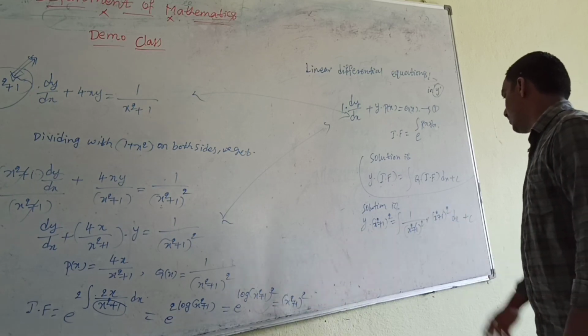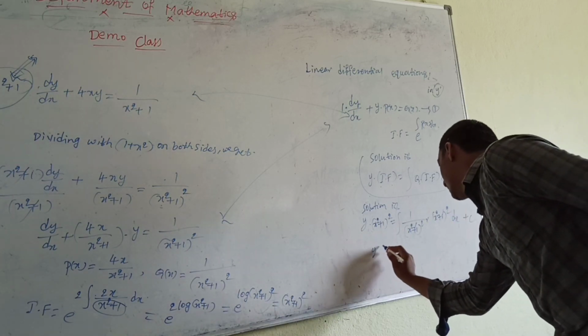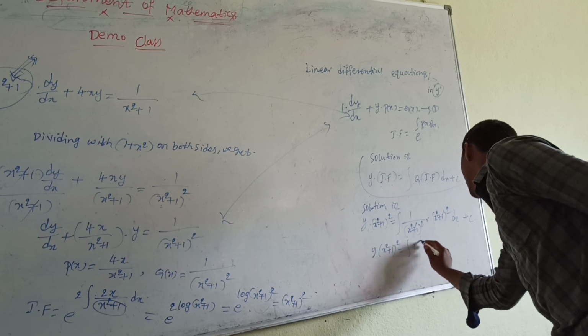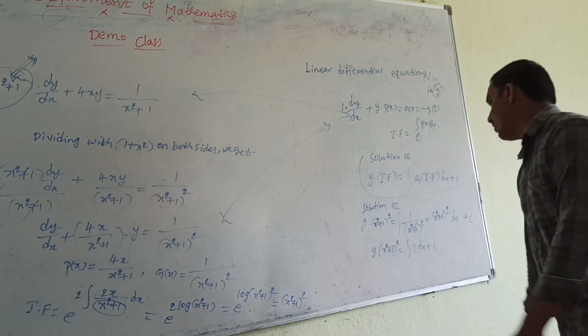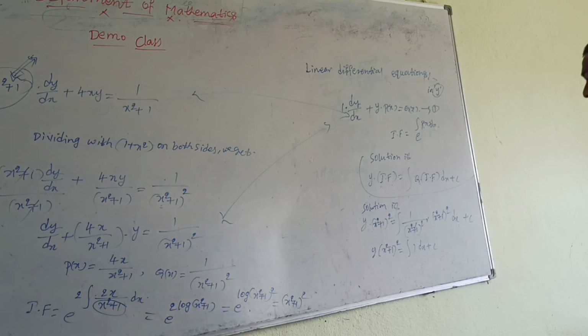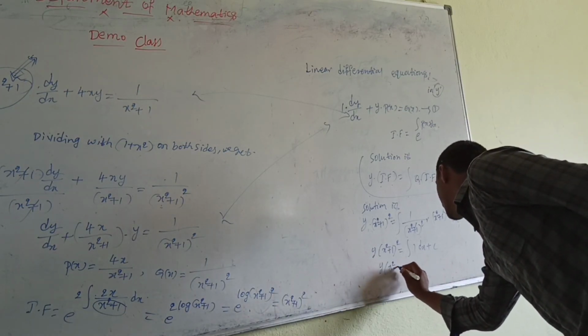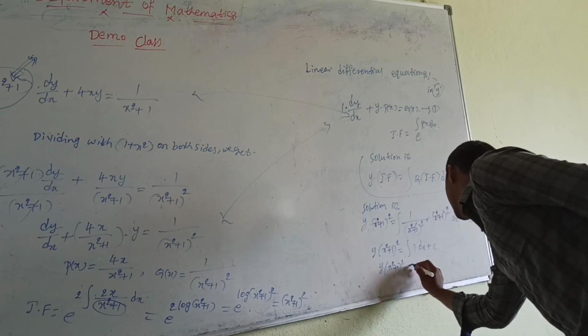These two vanish out, so we get the integral of 1 dx plus c. We know very well integration of 1 dx is x. So that is y into x square plus 1 whole square is equal to x plus c.